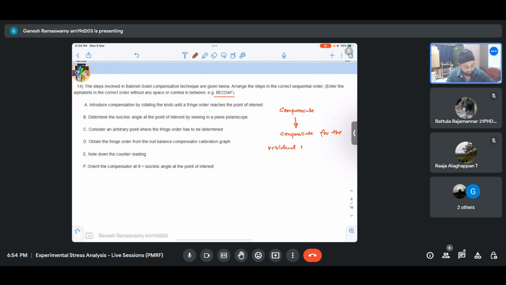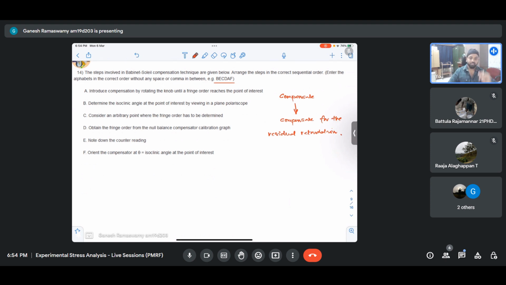That is, we are trying to see that if we have a specimen and it was loaded at some point, let me take a disk and explain. If these are two fringes and then one of the fringes like that. Consider that these two are fringes.